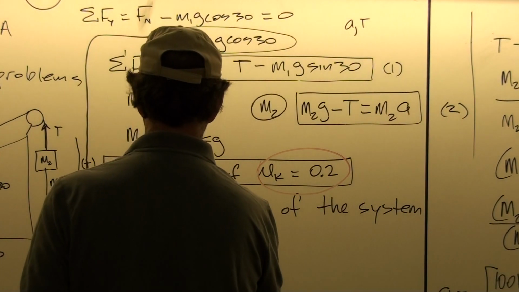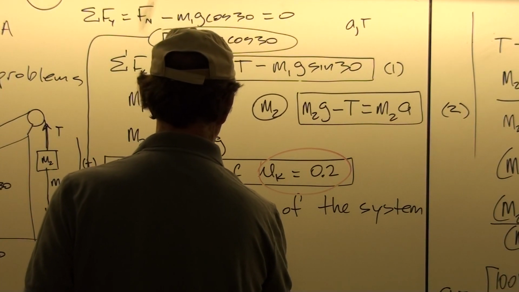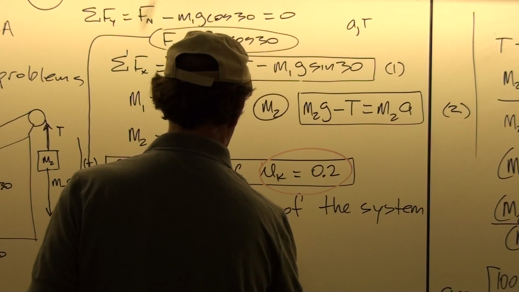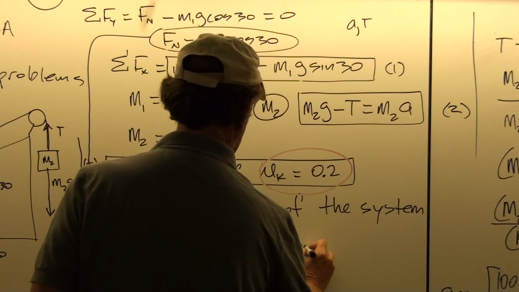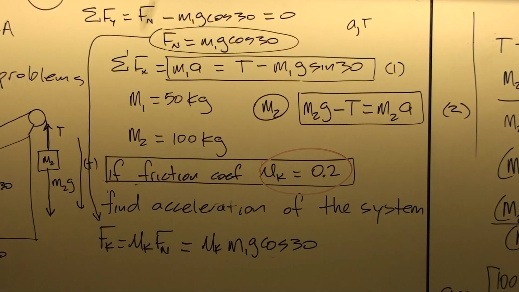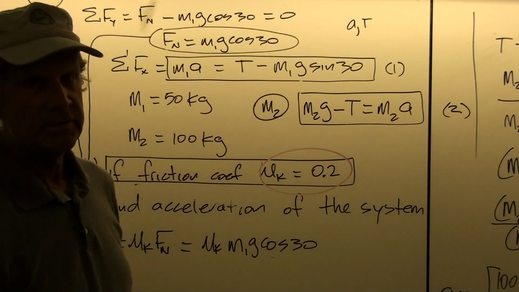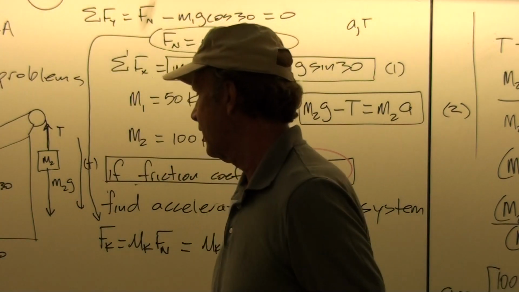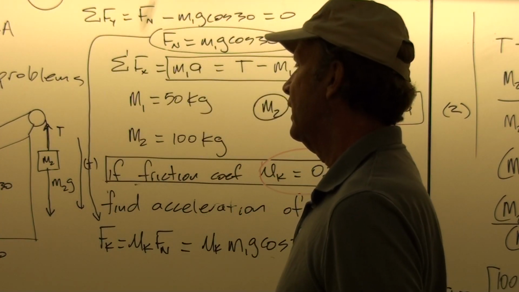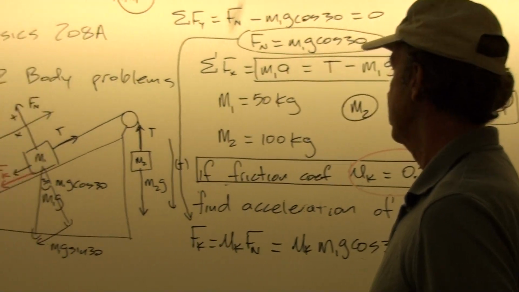Okay, so this then is going to be mu k times m1g cosine 30. Okay, because that's the component of mg that's perpendicular to the surface, and that's how much the surface has to push back on the mass to keep that mass supported against that component of the weight.